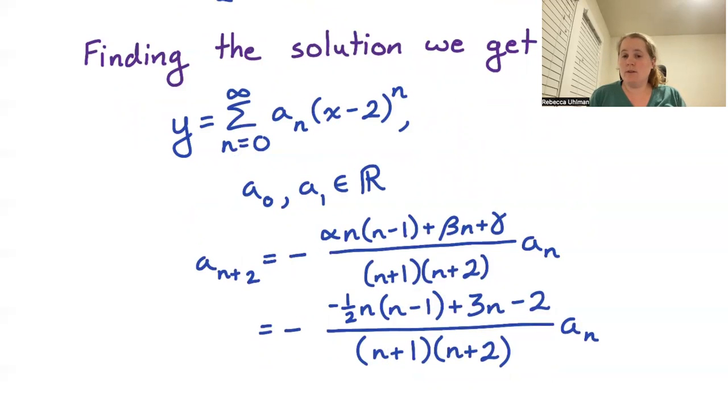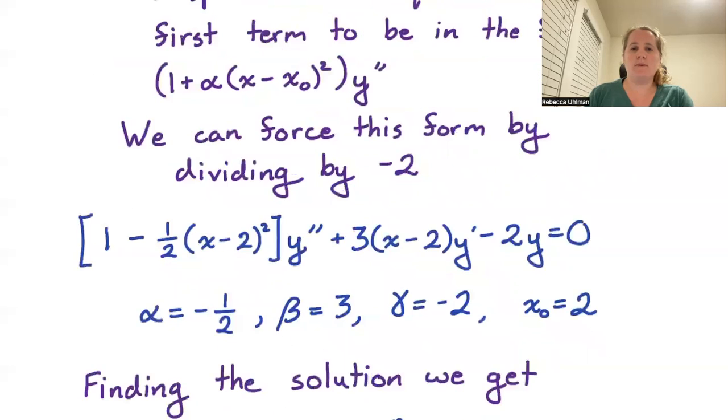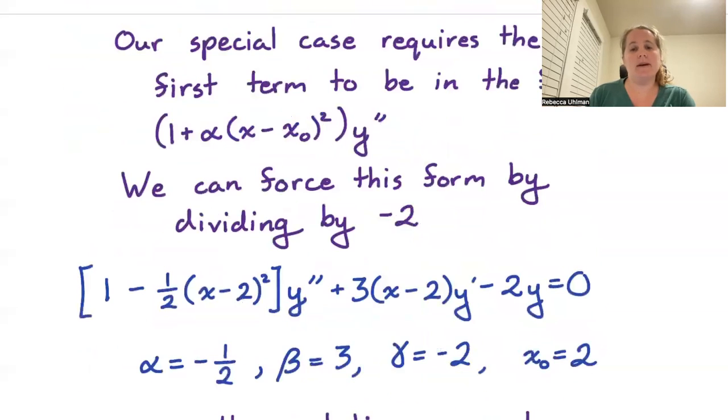If we wanted to, we could find the first few terms in terms of a0 and a1, but I'm not going to worry about that in this case. But this is our solution. We didn't have to run through the whole algebra for the series. We just were forced to rewrite things in terms of x minus 2 for the polynomials.